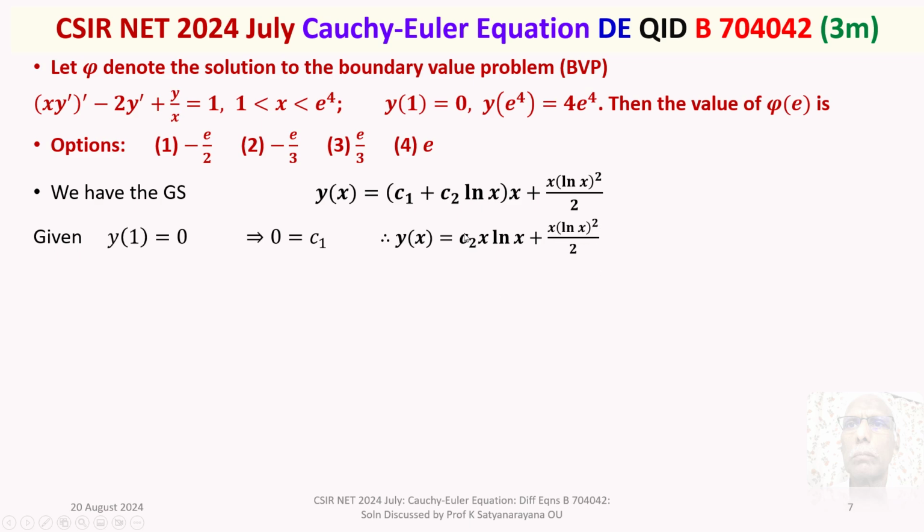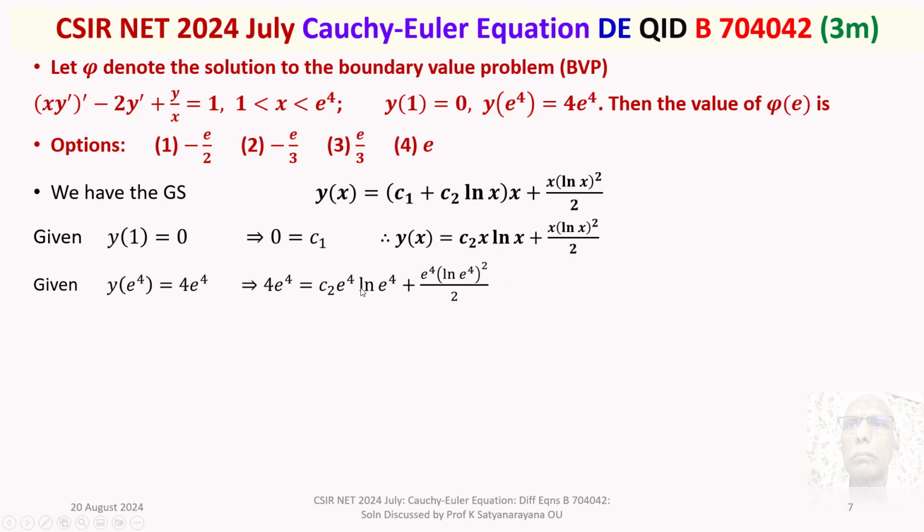To evaluate c2, we are given the second boundary condition, that y at e power 4 is 4e to the power of 4. So substitute in this equation x equal to e power 4 and y equal to 4e to the power of 4. So 4e to the power of 4 is equal to c2 into e power 4 into ln e to the power of 4 plus e to the power of 4 into (ln of e power 4) whole square by 2.